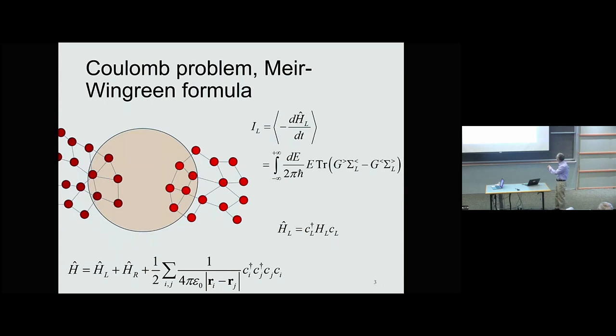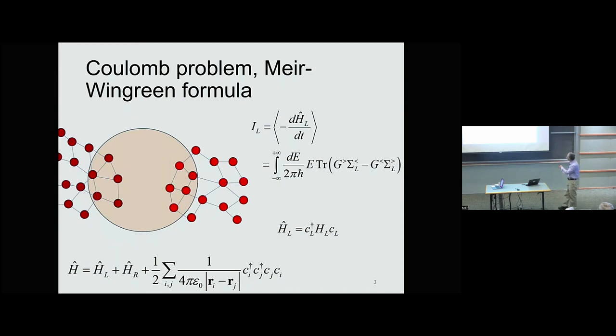Meir and Wingreen derived a similar formula, but the original Meir-Wingreen formula is for electron transport, and it is very easily generalized to energy transport. There is a distinction between heat and energy, but in this case it's the same because the electron cannot go over to the other side, so it doesn't really matter. This could be identified as energy or heat, which are equal.